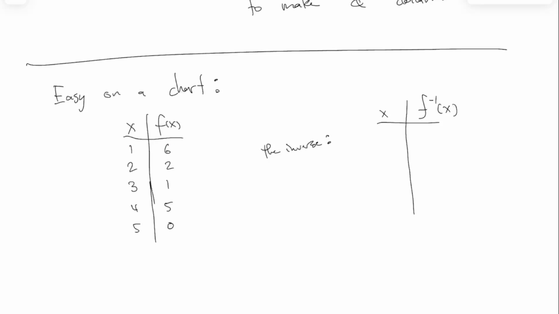What that means is when x is 6, the inverse is 1. It's the same relationship, but going the other way around. So this will be 6 and 1, 2 and 2, 1 and 3, 5 and 4, 0 and 5. That's the inverse function. Here I use the same variable name in the inverse as the original function, which is fine. You can call the variable name whatever you want.